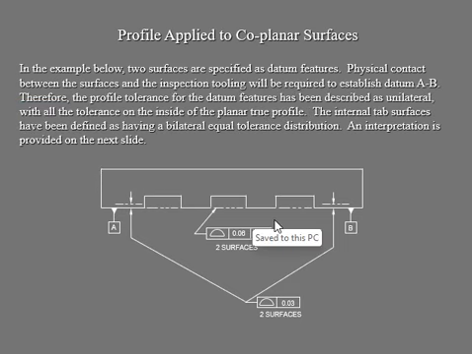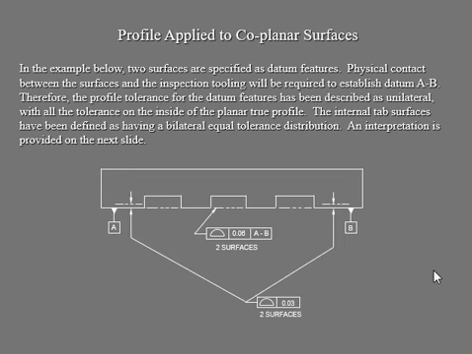Okay, so another part, we have two suffixes again, yeah? And you have your datum features, right here, yeah? And in this control frame, you can see they're tied together. A-B, don't forget it, the A-B means this tolerance applies to both of them, because we combine them, yeah?